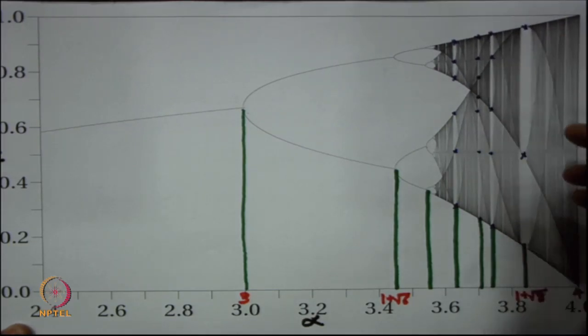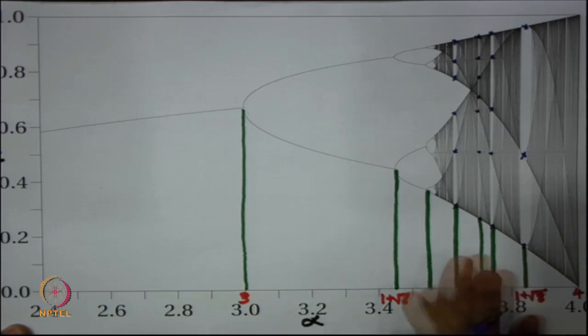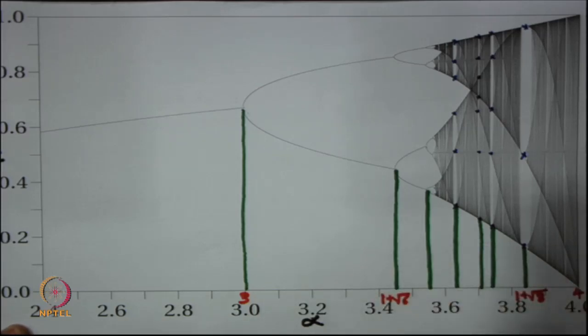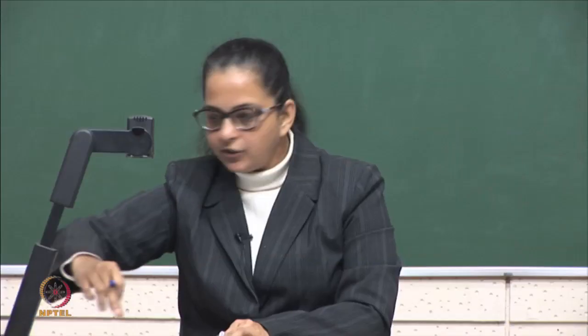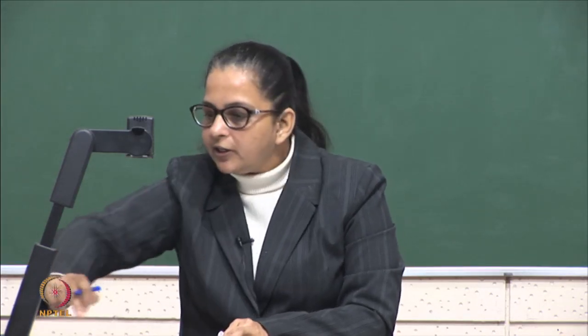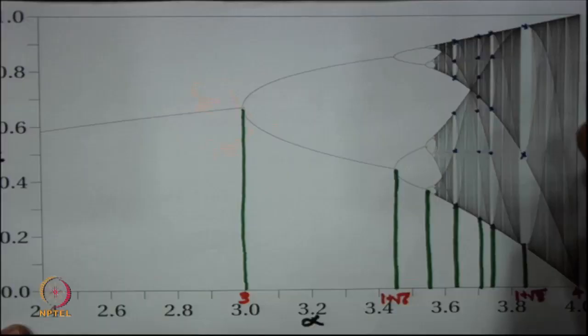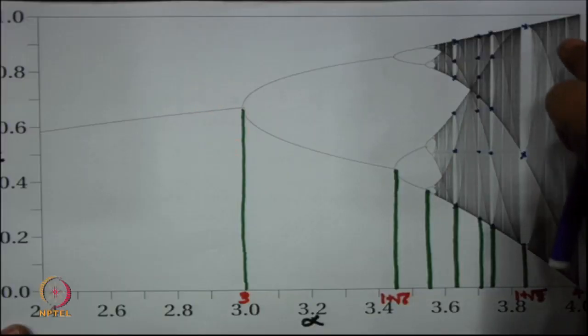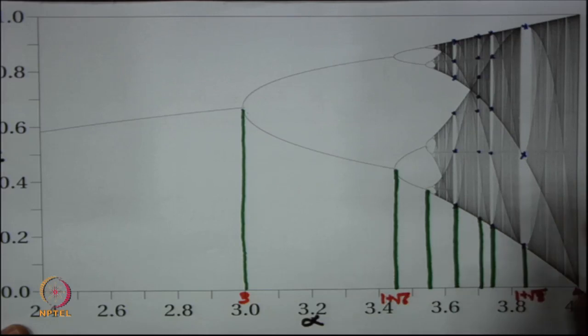Once you reach this point of period 3, you see that the dynamics becomes such that almost every point is covered up over here. So, the full 0 1 is realized over here. Till you reach 4 the map is not onto. As you reach 4 you find that every single point is taken up by the orbit.